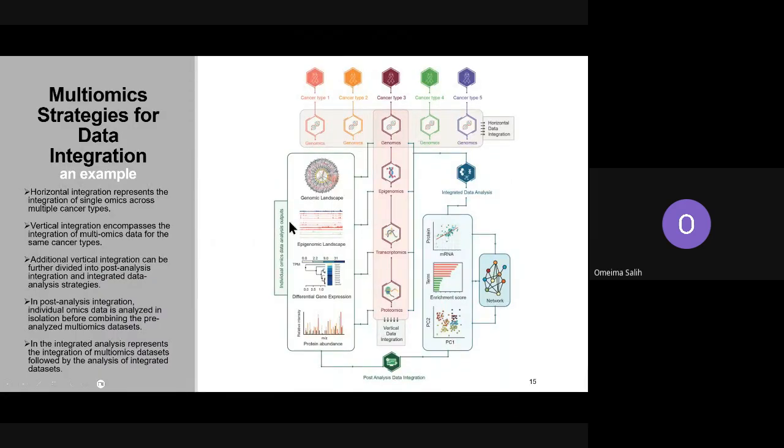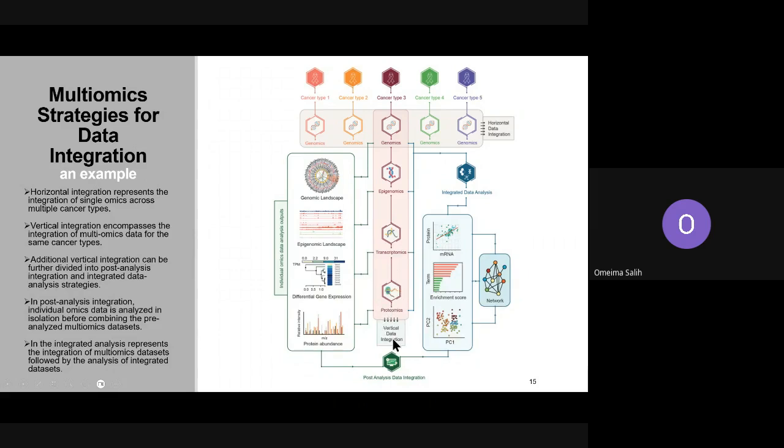This is an example of a study. They are studying different types of cancer cells. As you can see here, they are using different types of cells. They are collecting data horizontally from genomics, but at the same time, they are studying vertically.